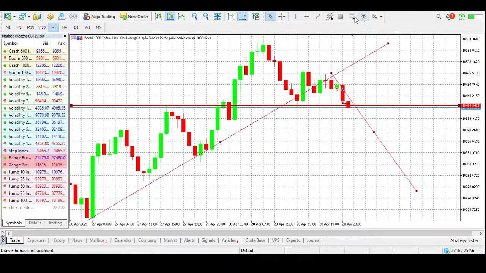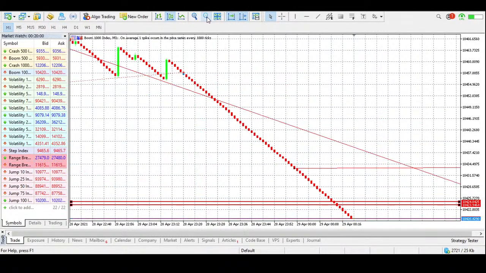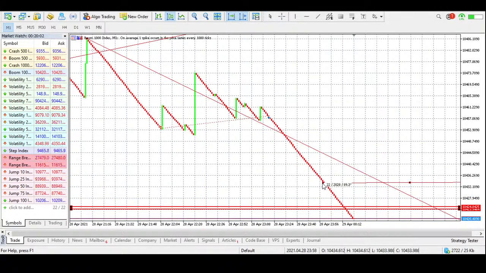So let me put this line here. I'll delete this line and leave this line here, and then switch to M1 and see where we could have entered. Okay, that means this is where we could have entered, right? On M1 I will place a sell limit above this line, such that when it spikes and hits my sell limit, it's going to sell.